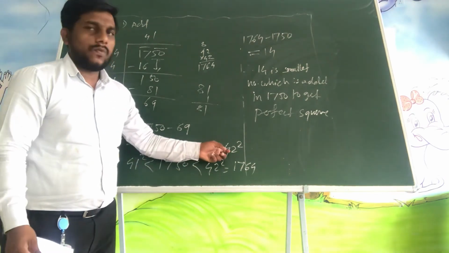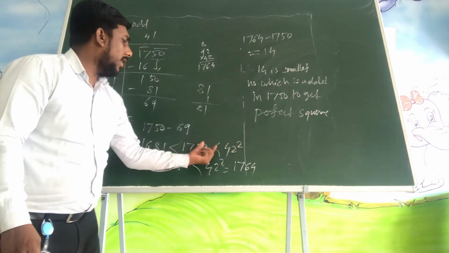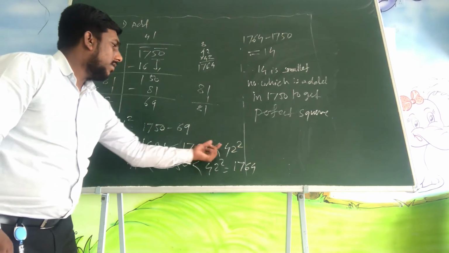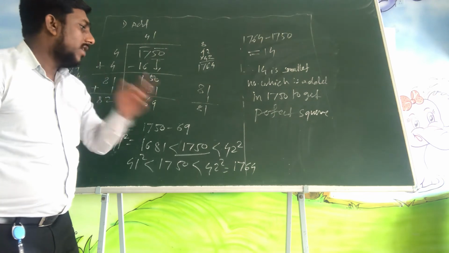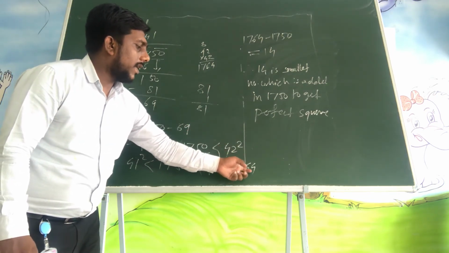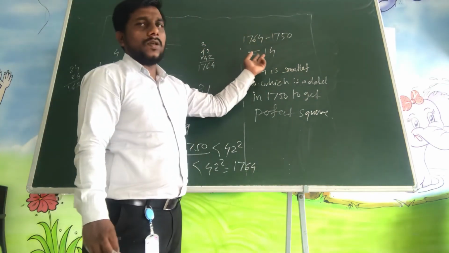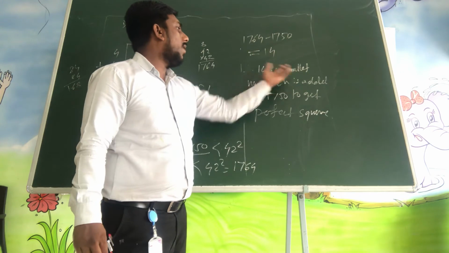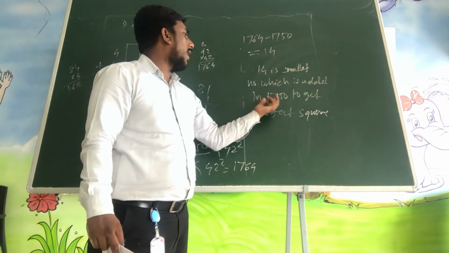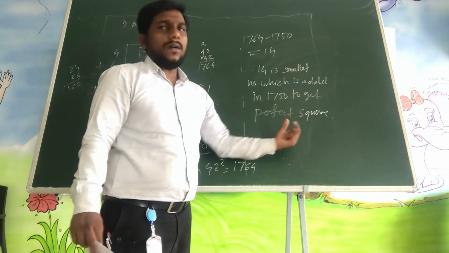And 42 is greater than 41. So 42 is the greater number, and its square is greater than 1750. So 42 square is equal to 1764. Subtraction of both is going to come 14. So 14 is the smallest number which is added in 1750 to get a perfect square.